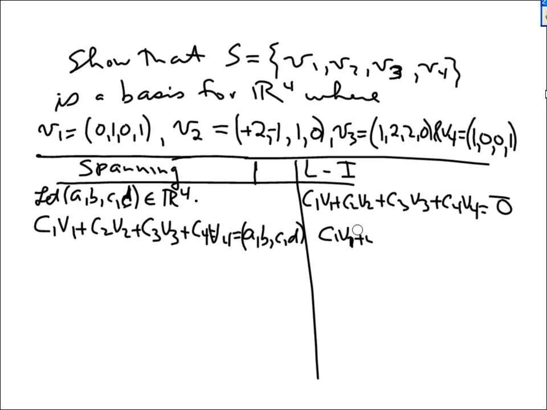And then I want to show that all these C's have to be 0. And that will give me linear independence.